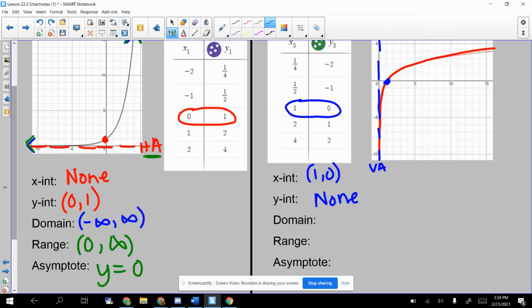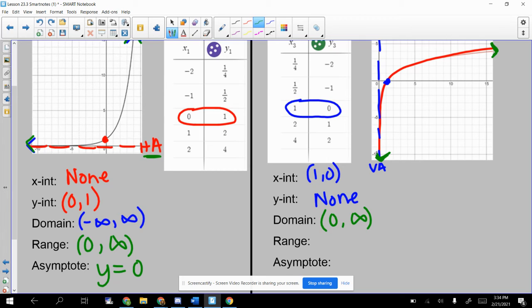Then our domain, again, is from left to right. We cannot go any further left than the asymptote, and then it's going to go towards positive infinity. So we would say 0 to positive infinity. And then our range, remember, is down and up.